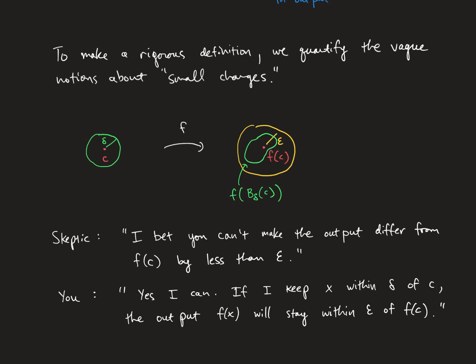And so the skeptic allows a little bit of room around f of c and says, I bet you can't restrict your inputs around c sufficiently to get the outputs within this epsilon distance of f of c, and you have to respond by saying, well, yes, I can. If I keep my inputs x within a small distance delta of c, then the outputs of the function will indeed be within a distance of epsilon of f of c.